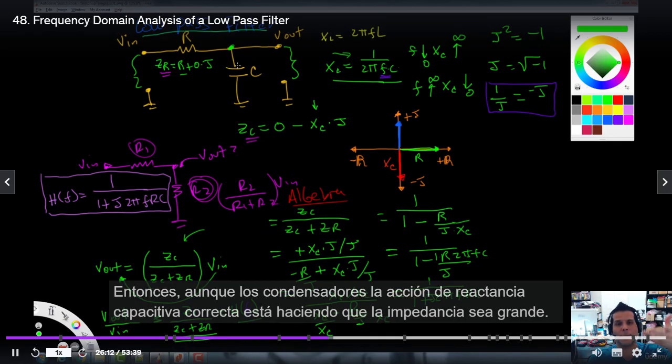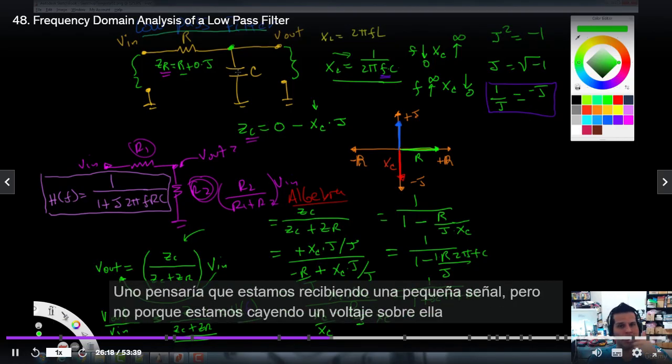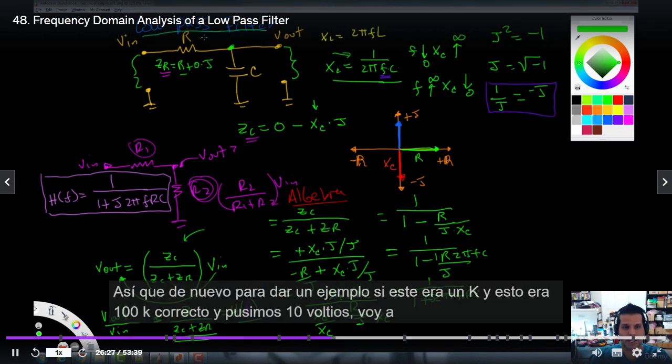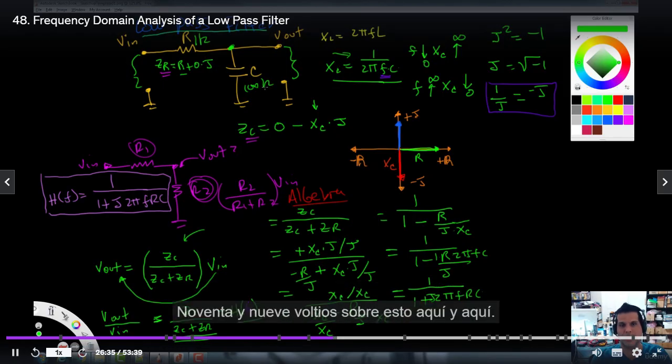So even though the capacitive reactance is making the impedance big, you would think, oh, we're getting a small signal out. But no, because we're dropping a voltage over it, we get a large signal because of the big impedance. So again, to make an example, if this was 1K and this was 100K, and we put in 10 volts, I'm going to get like 9.9 volts over this right here.